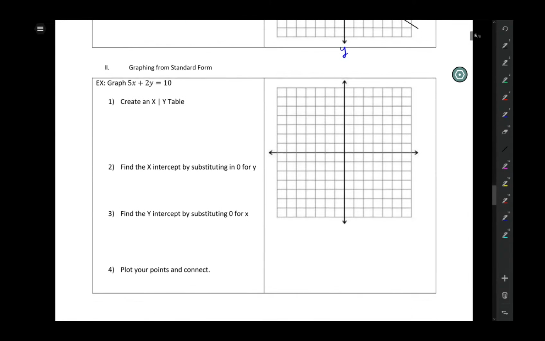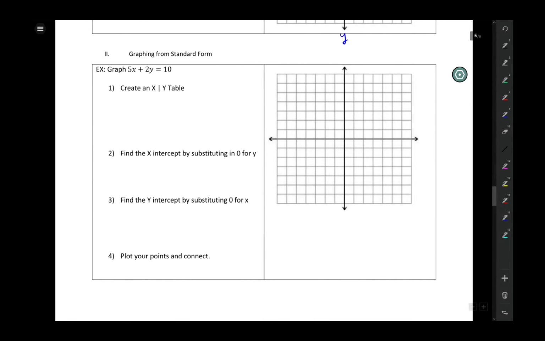Graphing from standard form is a little bit different. And again, standard form now is ax plus by equals c. And this is very useful for real world problems.